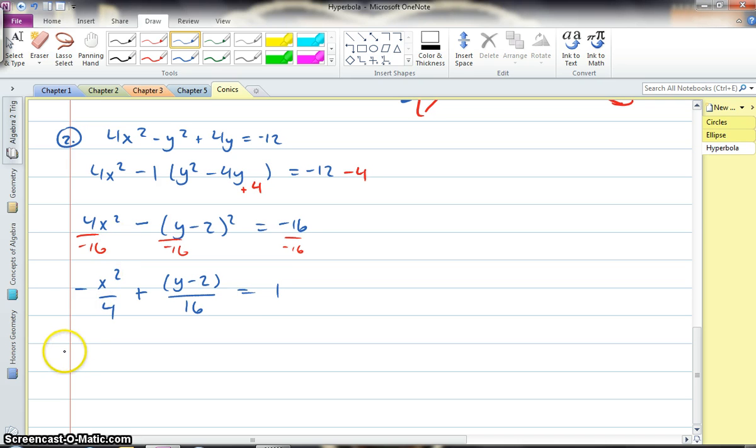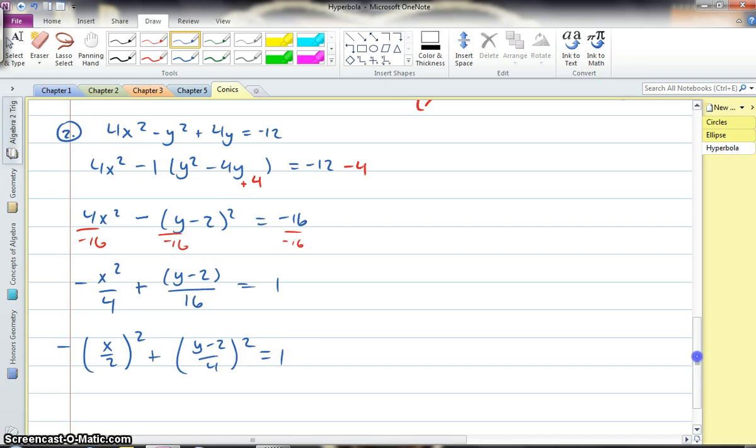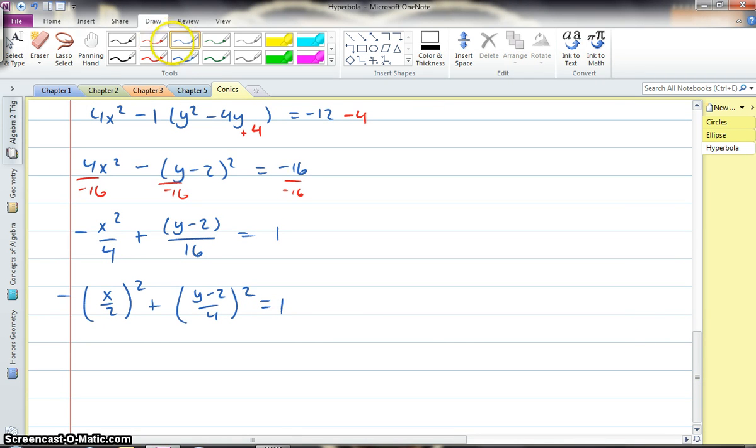Now we have to write the whole term squared. So that's the opposite of x over 2 squared plus y minus 2 over 4 squared equals 1. Now I'm in graphing form.